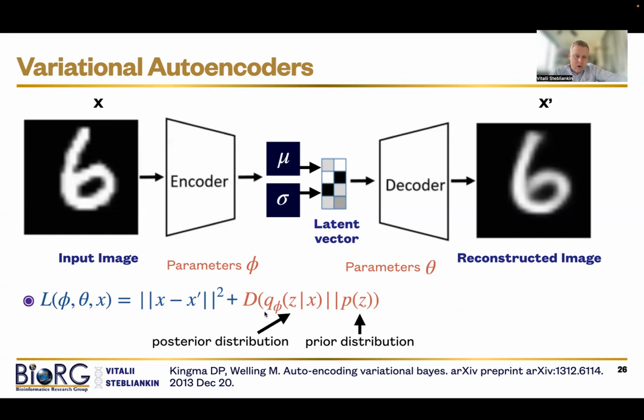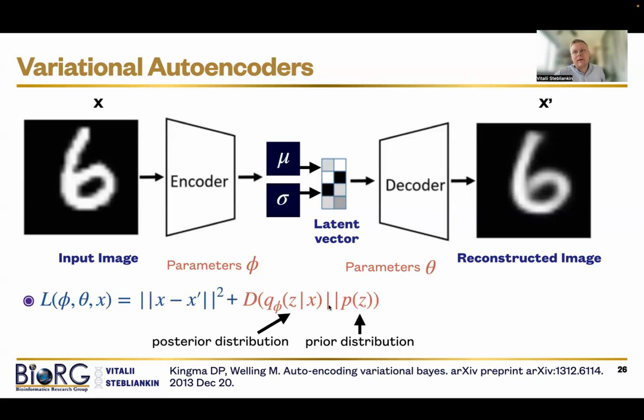The regularization can consist of the posterior distribution. That's the distribution of the latent vector z given the data. That's what the encoder generates, so it generates z given the input x. And the second term is the prior distribution.